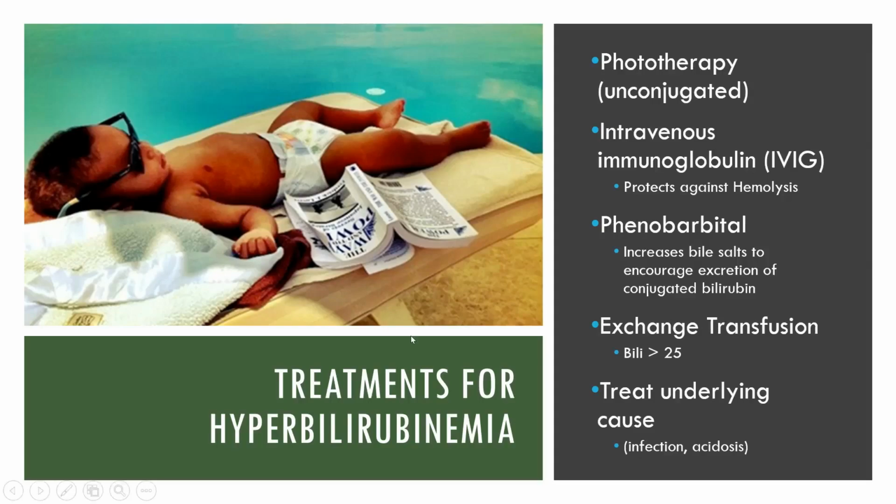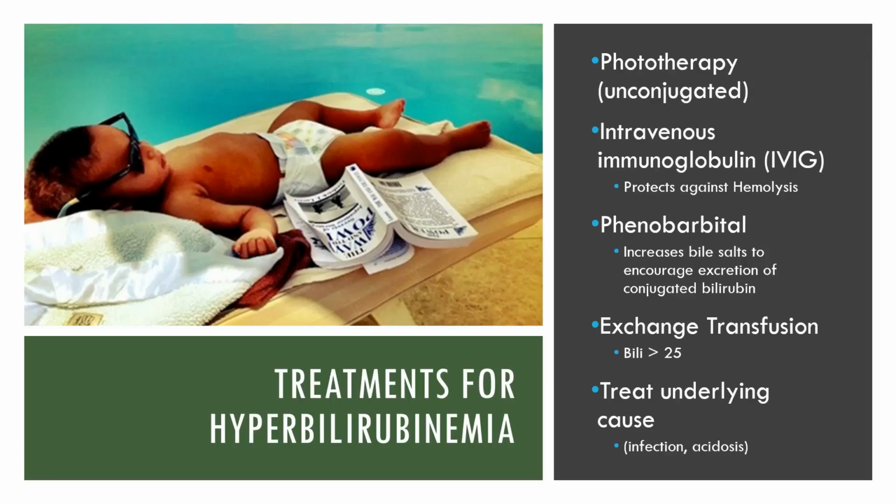Okay, so treatments. We've talked about some of them, but phototherapy obviously is something that we see a lot. Light therapy, and that's for our unconjugated hyperbilirubinemia. We can give intravenous immunoglobulin or IVIG, which protects against hemolysis.